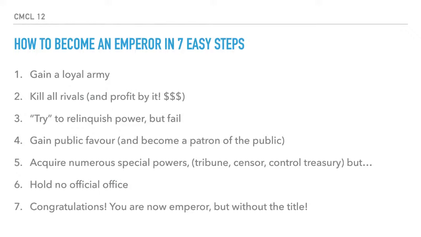He gained a number of important powers that no one person had ever held before, but held no official office. So he was not officially a member of the Roman government.